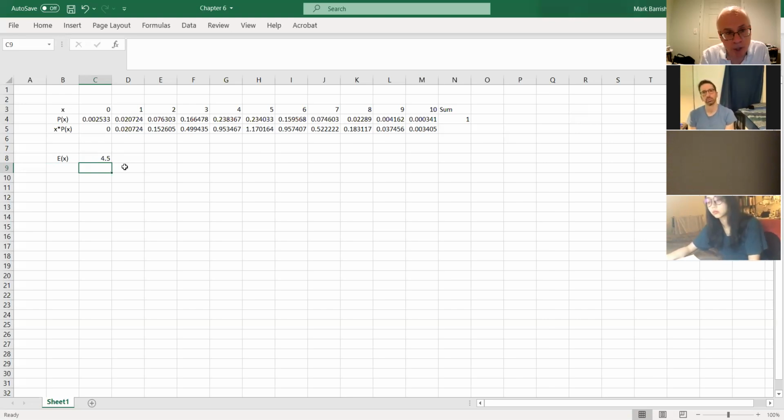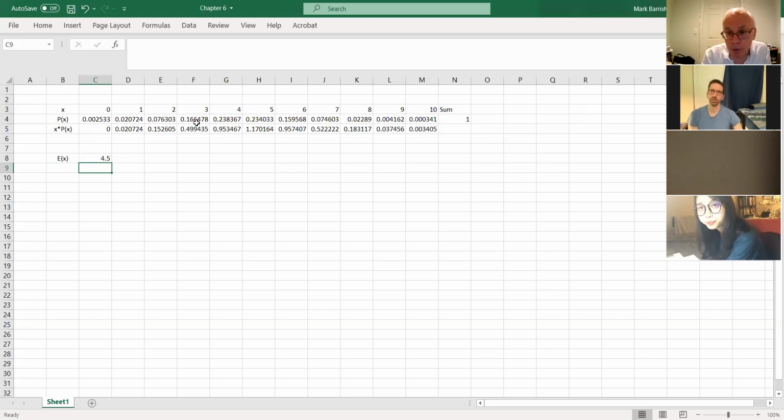It's going to be different. And in this case, it's 4.5. And I can tell why it's 4.5, right? Because most of the probability is occurring, well, if you added up all these probabilities, let's say from 6 to 10, and then from 0 to 5, you'll find that most of the probabilities are where?